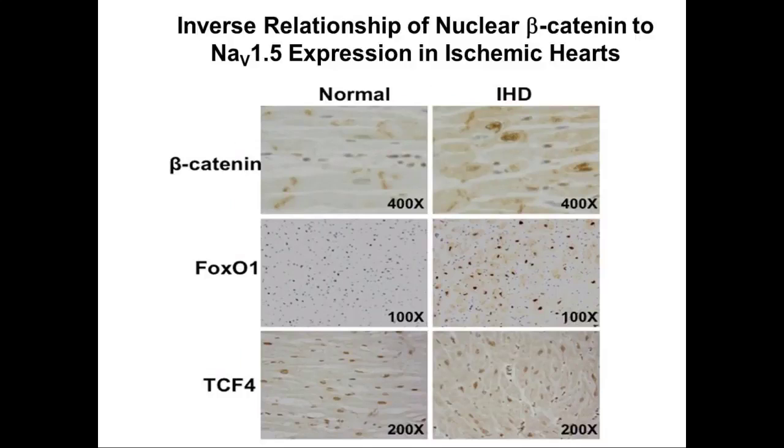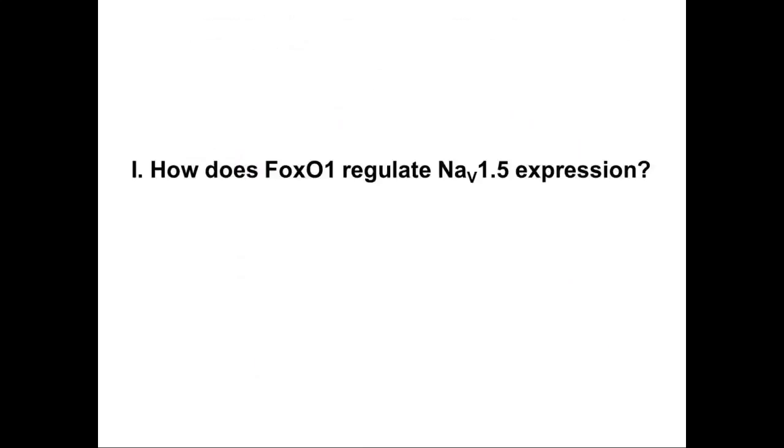Also, we found that in human heart failure, the beta-catenin and TCF4 signaling pathway is also activated. This immunohistochemistry staining shows beta-catenin translocated to the nucleus in ischemic heart disease human tissue. So both beta-catenin and FOXO1 signaling pathways are most likely involved in ischemic heart disease, or could be regulating sodium channel expression.